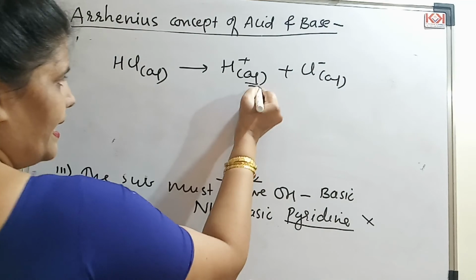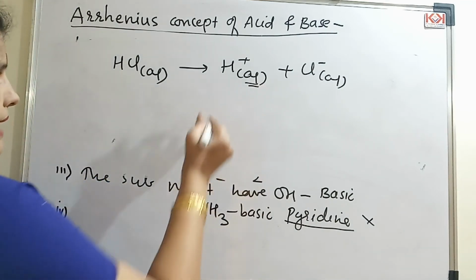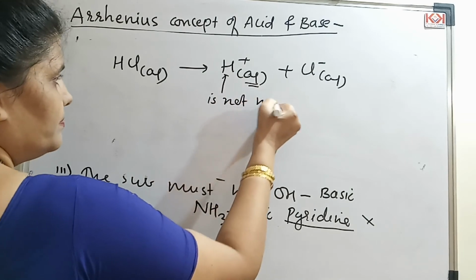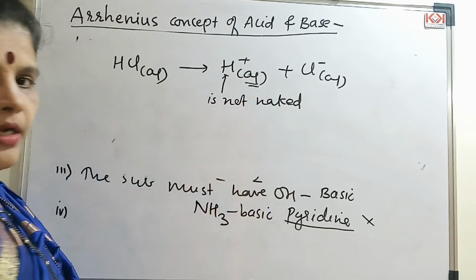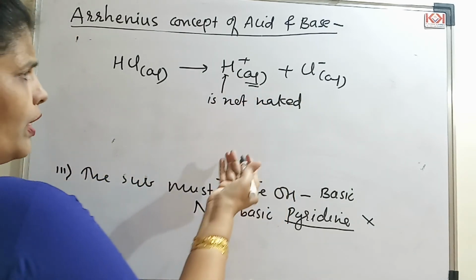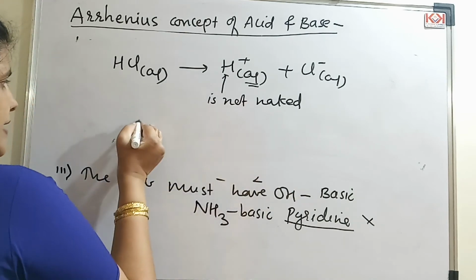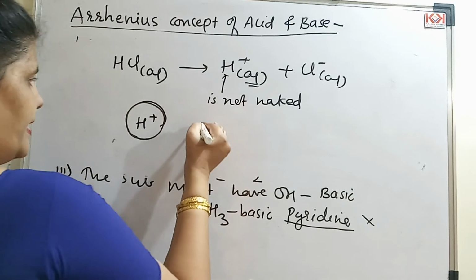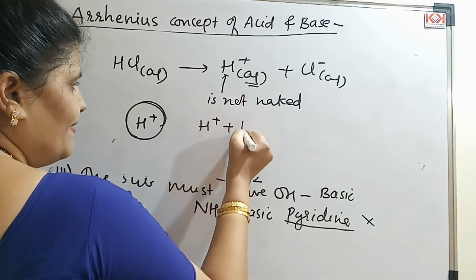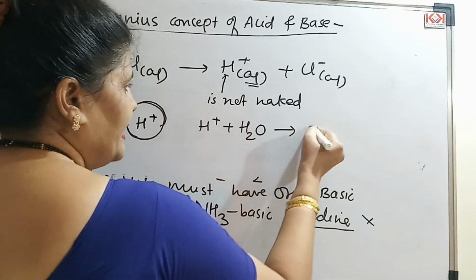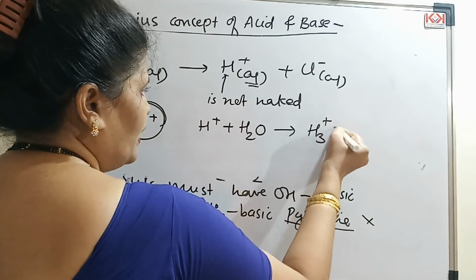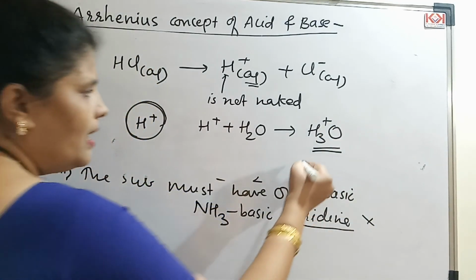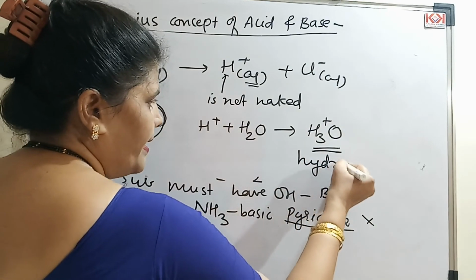When I write aqueous here, what it means is that this H plus ion is not naked. Means it is not free. Why is it not free? Because it is surrounded by water molecules. That is, H plus is in the vicinity of water and therefore H plus does not exist, but it exists in the form of H3O plus, that is hydronium ion.